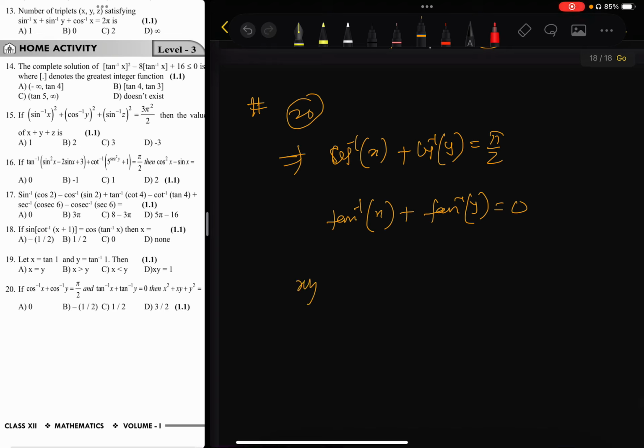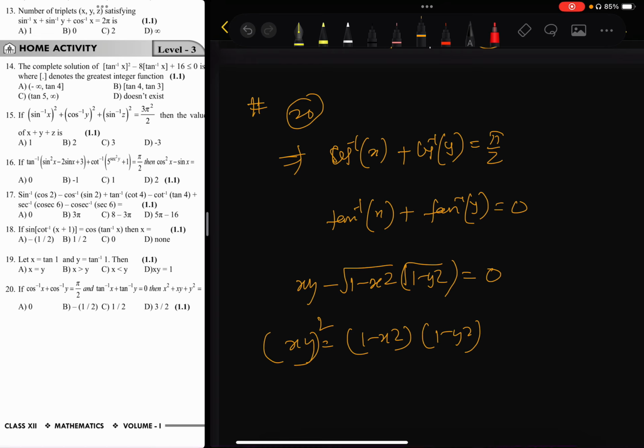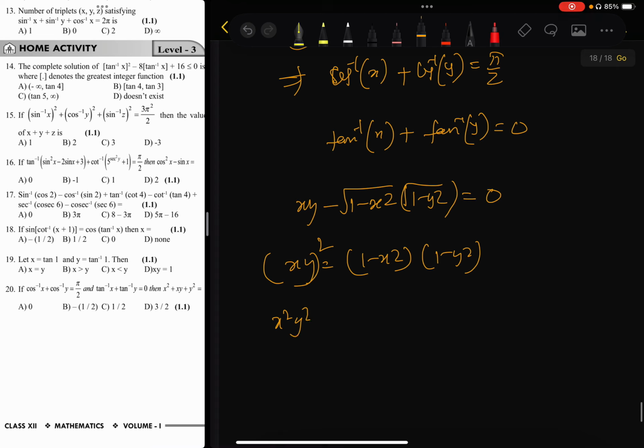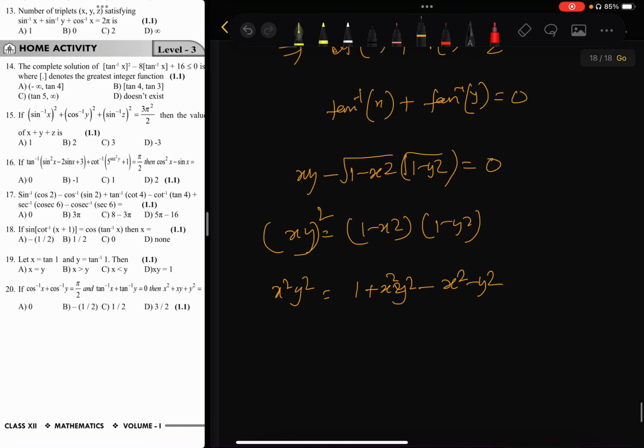So this will become xy minus square root of 1 minus x square times square root of 1 minus y square equals 0. So that means xy equals the square root of 1 minus x square times the square root of 1 minus y square, taking square on both sides. So x square y square equals 1 minus x square minus y square plus x square y square. This will get cancelled out, so you will get x square plus y square equals 1.